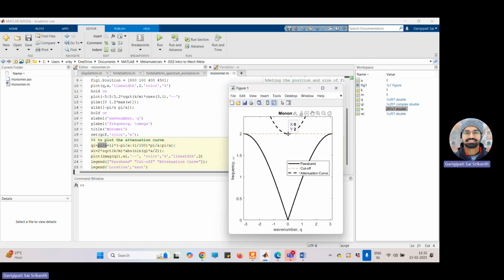So when you don't have long range interactions, their cutoffs are either at pi by a, which is this completely out of phase mode, or at q equal to 0, right?